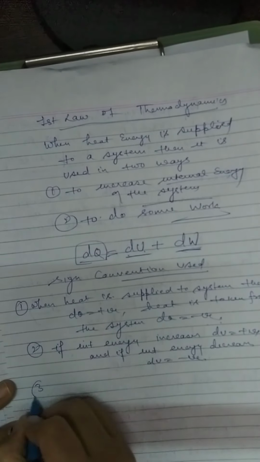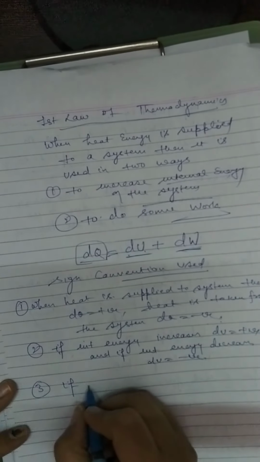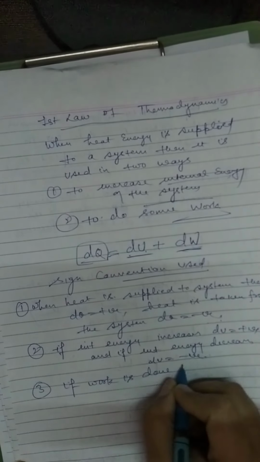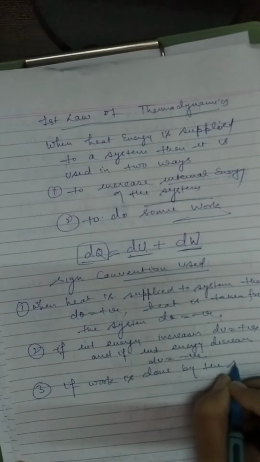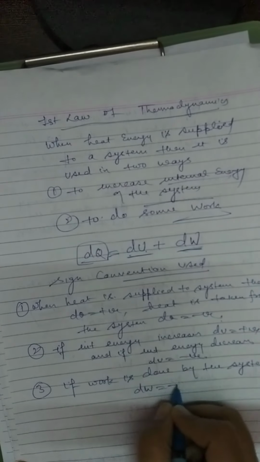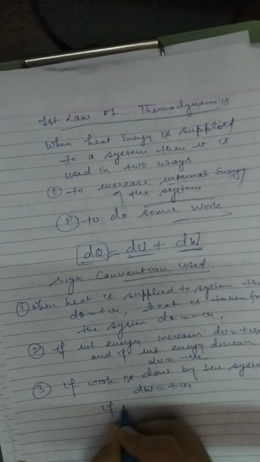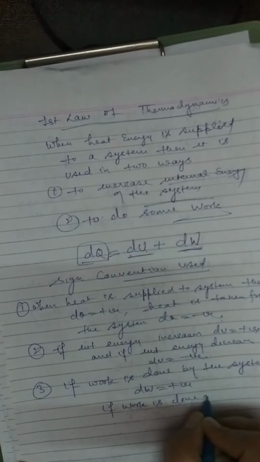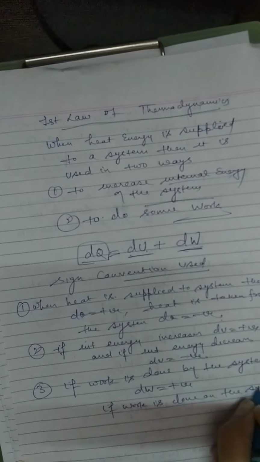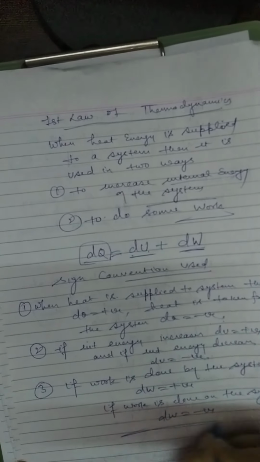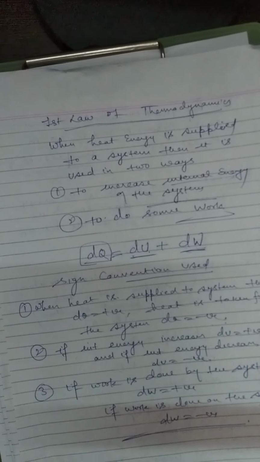Third, if work is done by the system, then dw is positive, and if work is done on the system, then dw is negative. So these are the sign conventions we will use in the first law of thermodynamics.